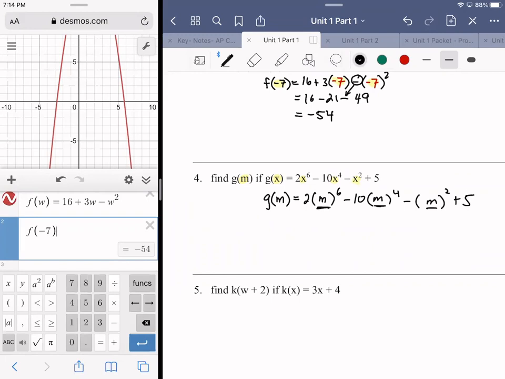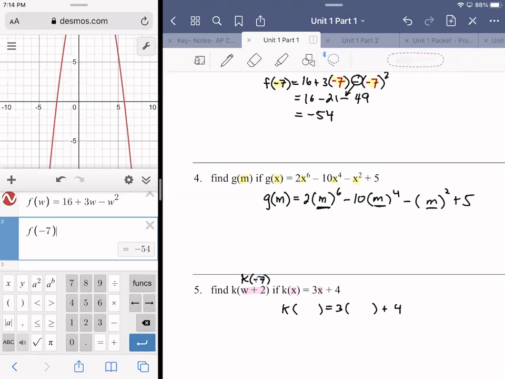When you look at number 5, though, it's telling us we have this function in terms of x. All right, let's go ahead and replace all those x's with the w plus 2. So rewrite the function. And again, if this said k of, let's say it's a k of -7, you'd know what to do.